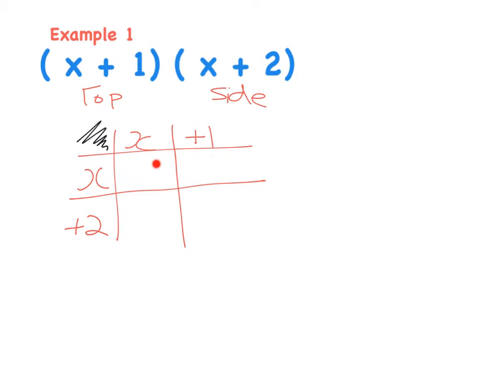So my first one, this box here, is x multiplied by x. And x multiplied by x gives me x squared, or 1x squared. The next one I'm going to fill out is this one here, and this is x multiplied by 1.